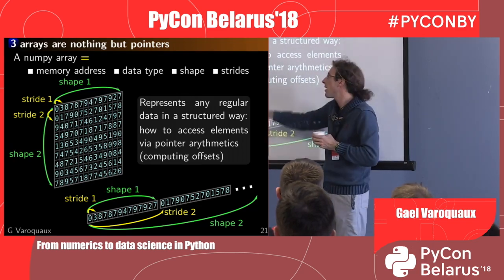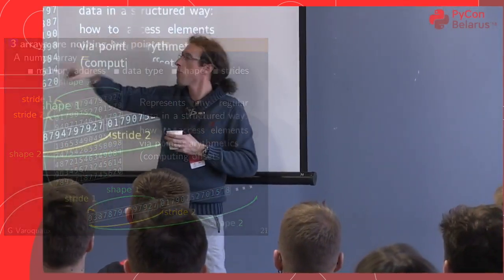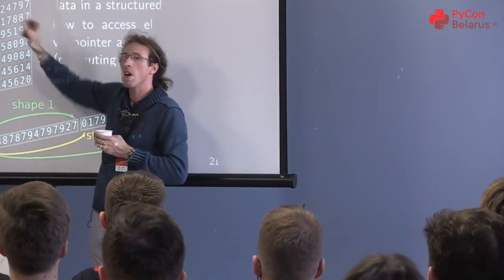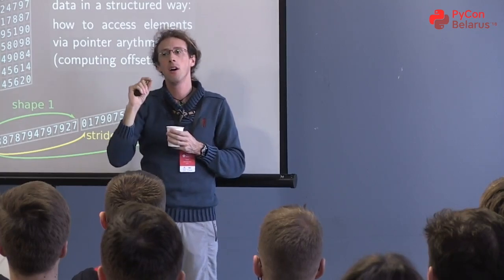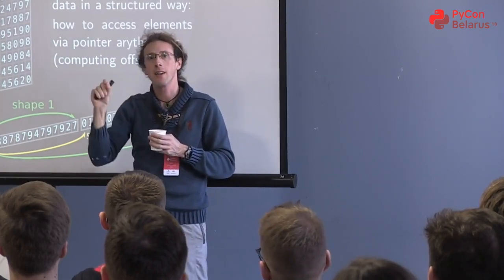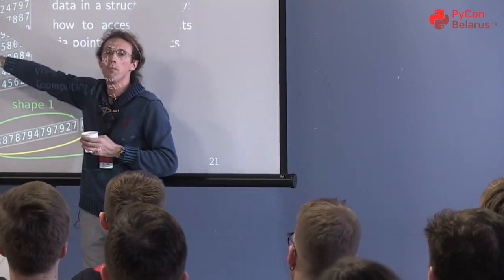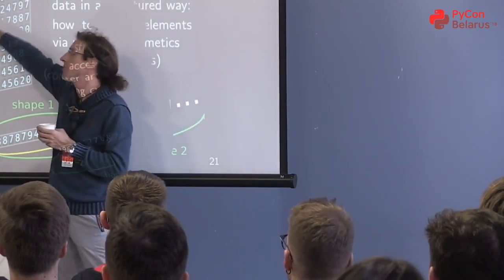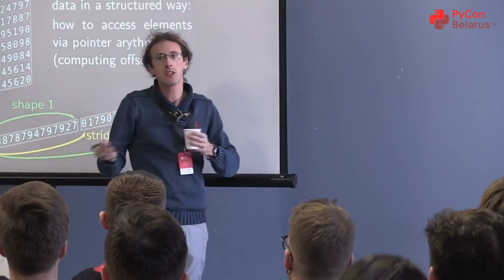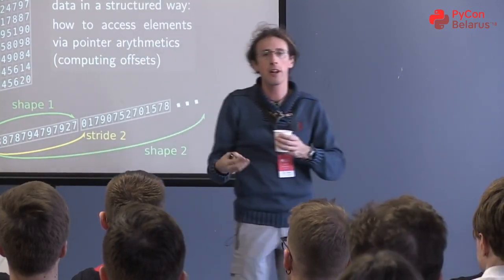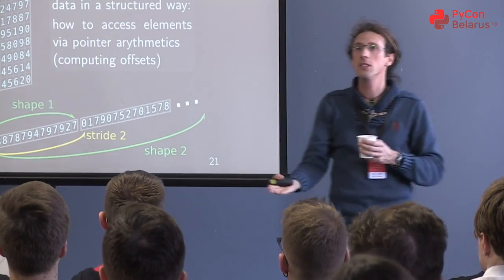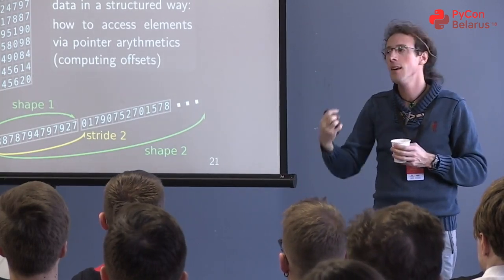It tells me that if I want to go from one number to the next one, I need to jump in the memory by a certain stride. And then I can jump, jump, jump, jump. And if I've jumped enough, then I need to loop back, and to loop back, I need to jump by the second stride. In NumPy, this is multidimensional, so I can have as many shapes and strides as I want. You don't need to know this to use NumPy, but this is the underlying model.